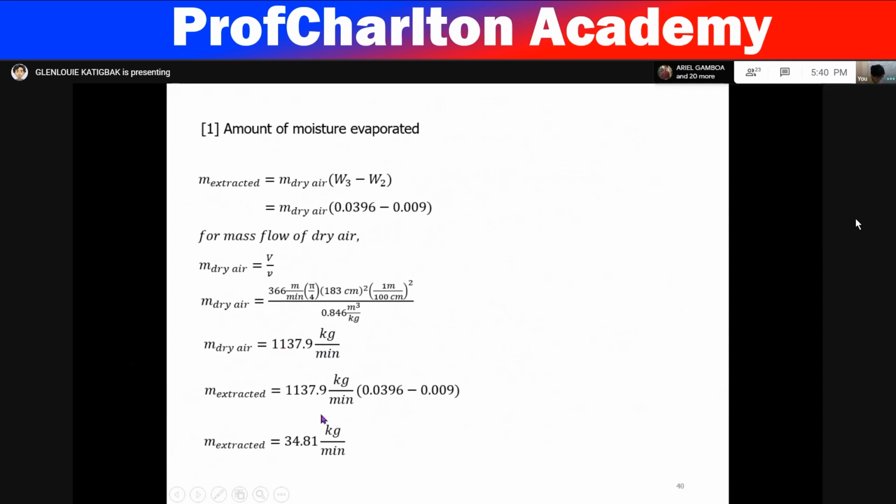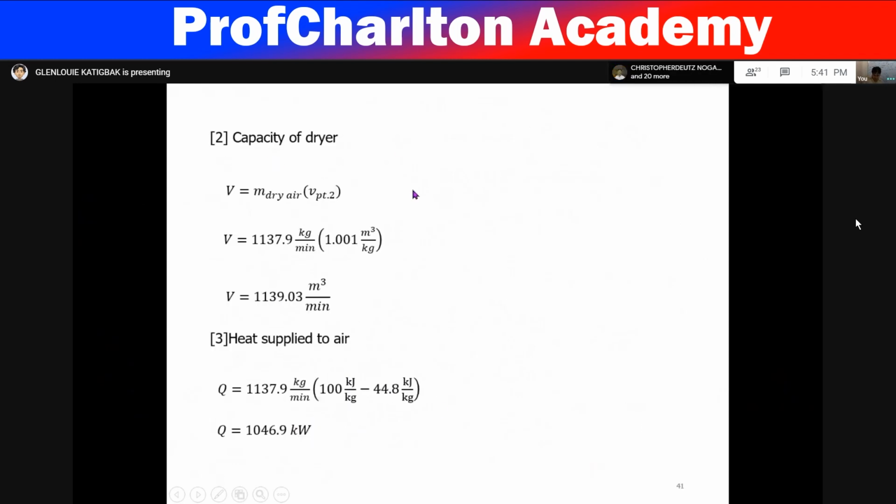Then the mass of extracted, we multiply 1,137.9 kilograms per minute by the humidity ratio at point 3 minus the humidity ratio at point 2. The mass of extracted is 34.81 kilograms per minute. This is the answer.